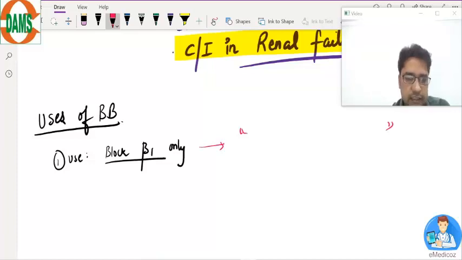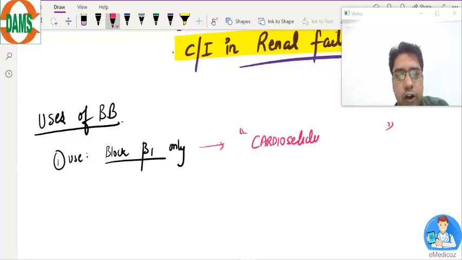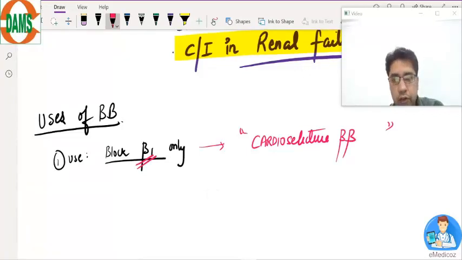The answer is, we will use cardioselective beta blocker. If you want to block a beta 1 receptor only, you will prefer to use cardioselective beta blocker.